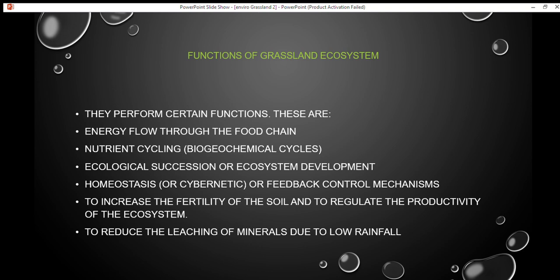Now we have functions of the grassland ecosystem. Now they perform certain functions.